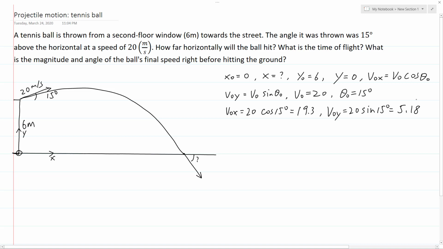What are the equations? Well, the equations are the same for projectile motion. There are these 3 equations. x as a function of time is equal to x0 plus v0 times t, and y is equal to y0 plus v0 times t minus 1/2 g t squared.